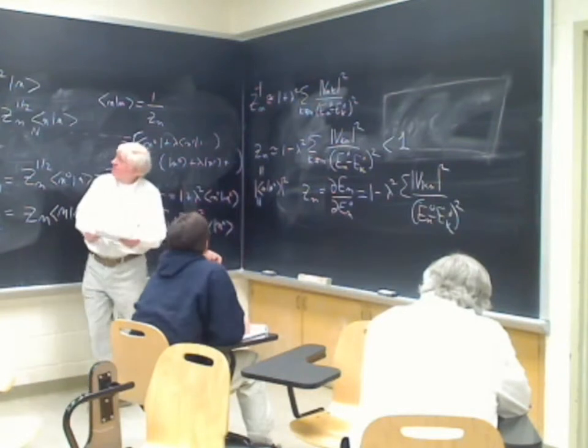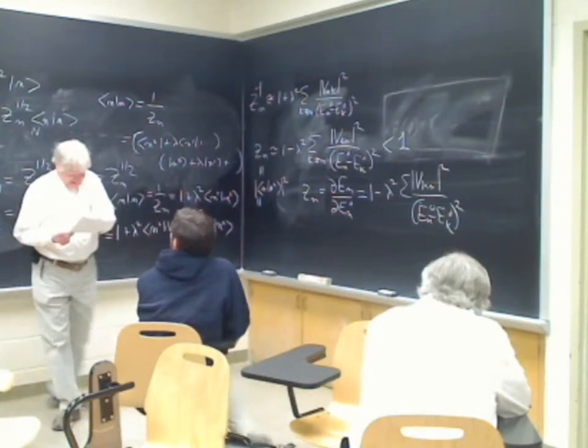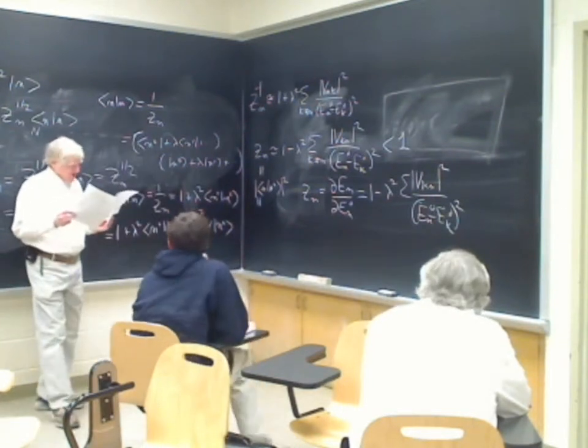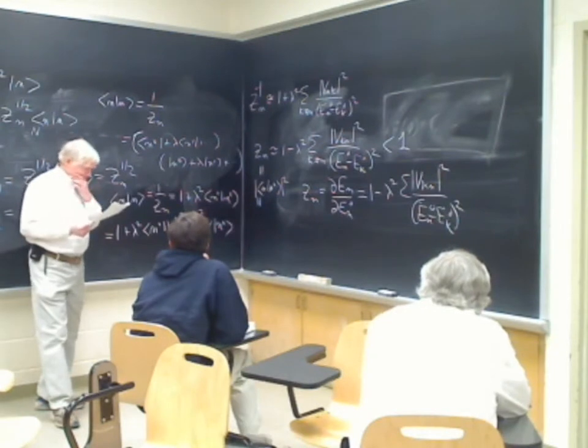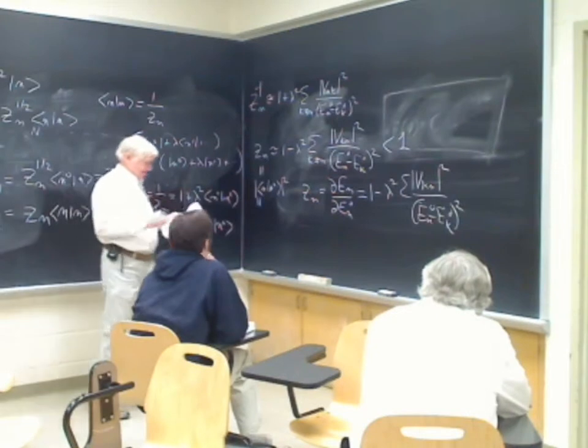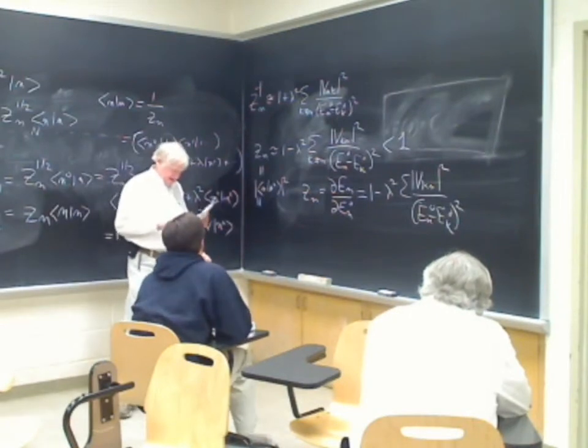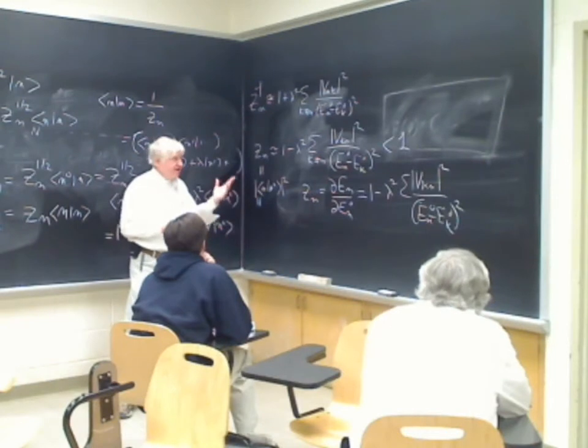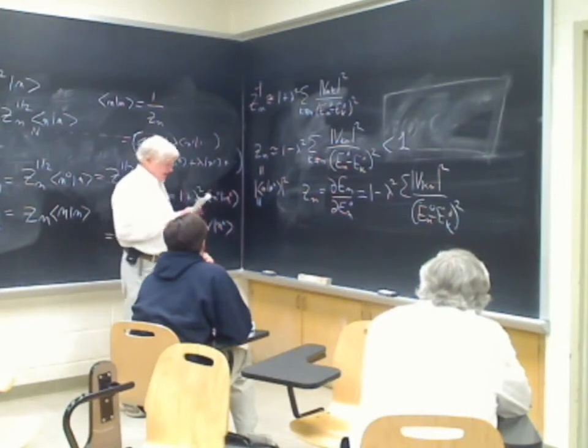We have time, I think, for an example and for a few more remarks here. How would we do this if we weren't doing perturbation theory? What's another way of going about finding the eigenstates and eigenvalues of a Hamiltonian?